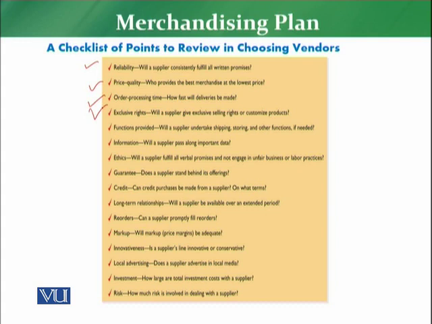And then exclusive rights, a very important point. Will the supplier give you exclusive rights of selling, or will the supplier make customized products for you? In both cases, if you observe internationally, for a particular retail store, in the case of food, the company normally designs or develops a different size or measurement of the product. So you have the exclusive right to that particular size.